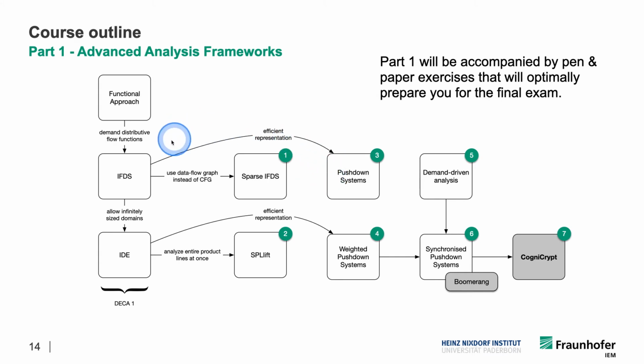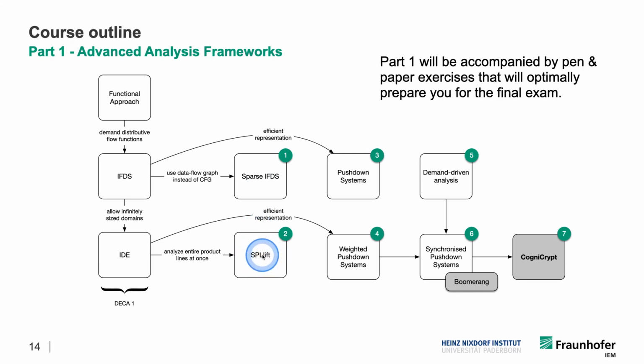So in particular, in DECA 1, we explained IFDS and IDE, which were particular instances of the functional approach. And I will start off by explaining 2 extensions to these. So in this week, I will still be covering sparse IFDS, which is an extension of IFDS that makes it more efficient.